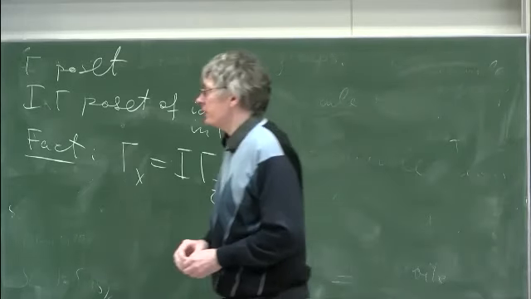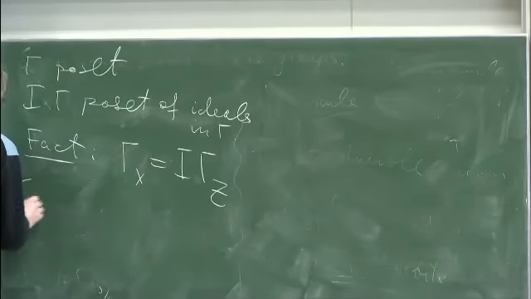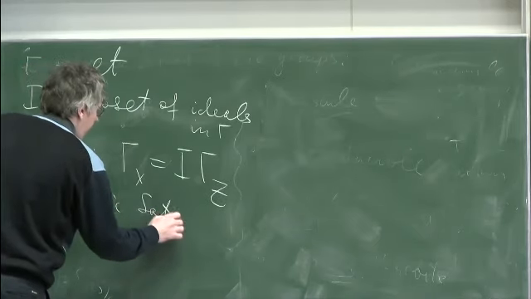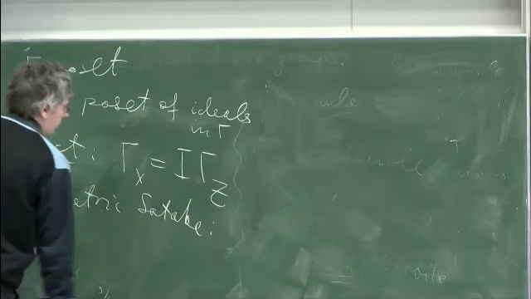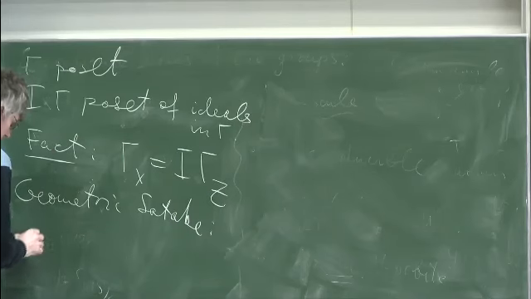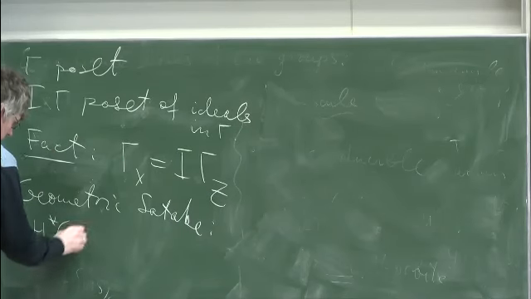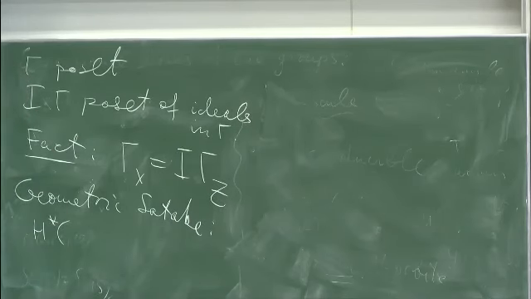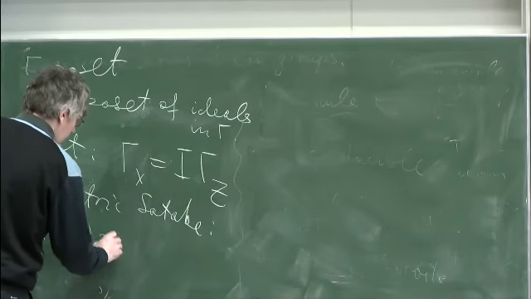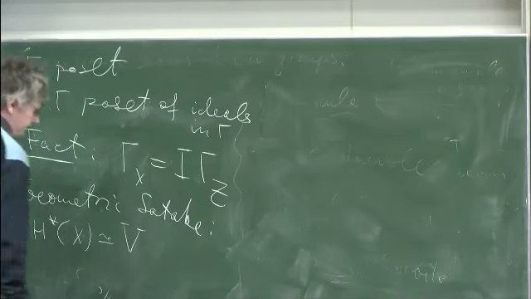Well, first of all, there is the geometric Satake correspondence, which identifies cohomology. It's basically cohomology of X is identified with this representation V.